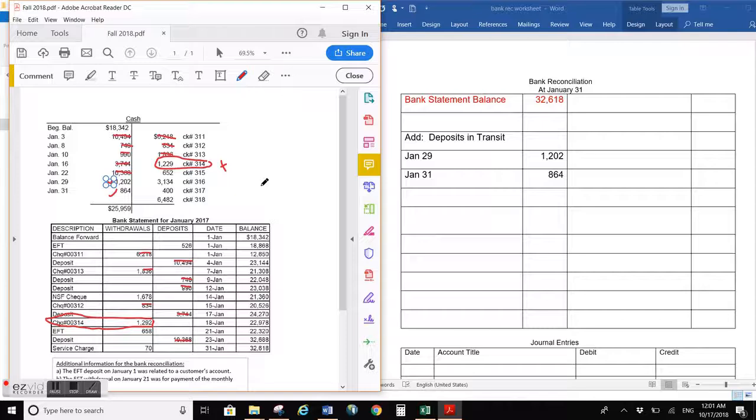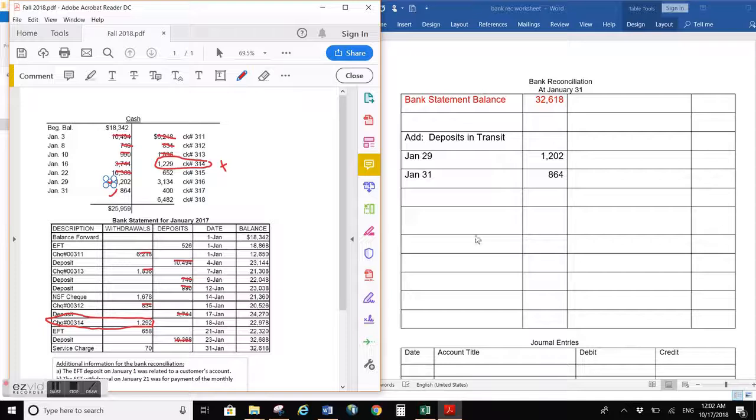All right. The next thing are outstanding checks. Again, timing differences. We've written checks to our suppliers, but the suppliers just have not cashed those checks yet. As soon as our suppliers cash the checks, the money will physically come out of our bank account and get deducted from that bank statement balance.